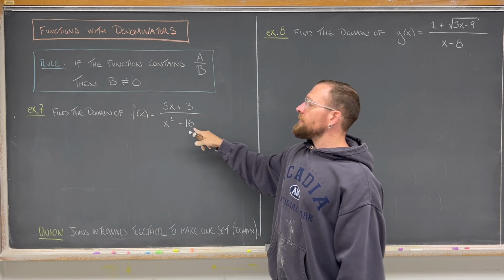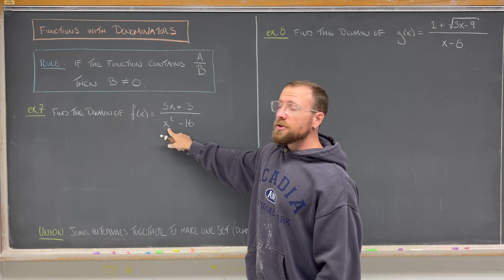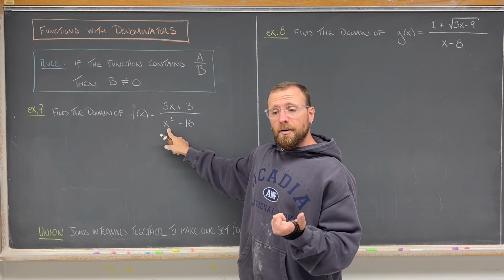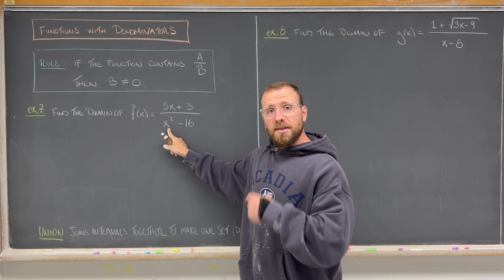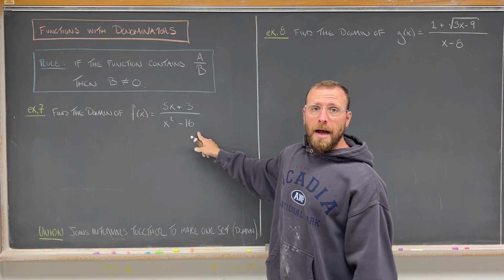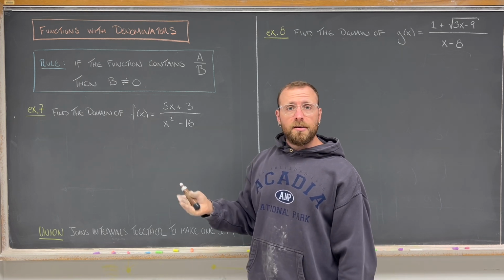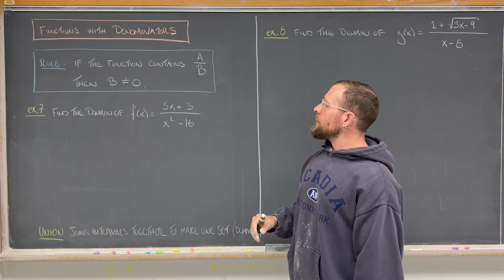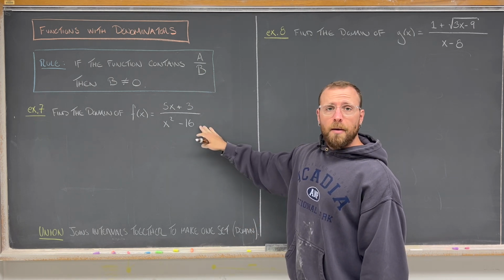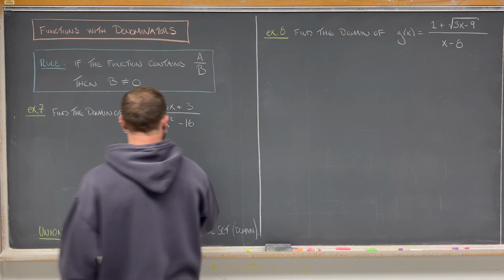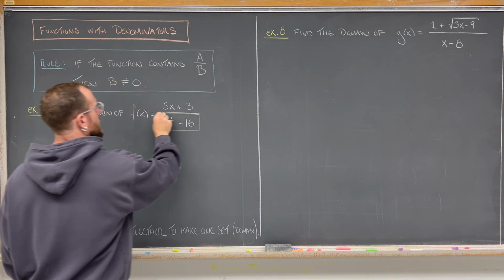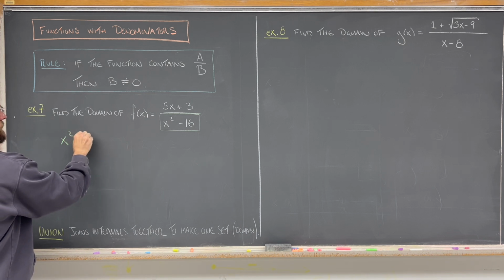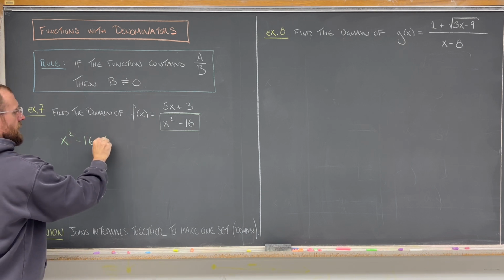But then you tell me to divide it by this, and since there's some user-generated input, x, involved, it's possible that x is a number that would cause this denominator to be 0, and the program would then crash if it ends up trying to divide by 0. So the rule is taking care of all of the work for me. If I see a denominator, and I do, I automatically know what to write down. I know that the denominator is not allowed to equal 0. x squared minus 16 does not equal 0.